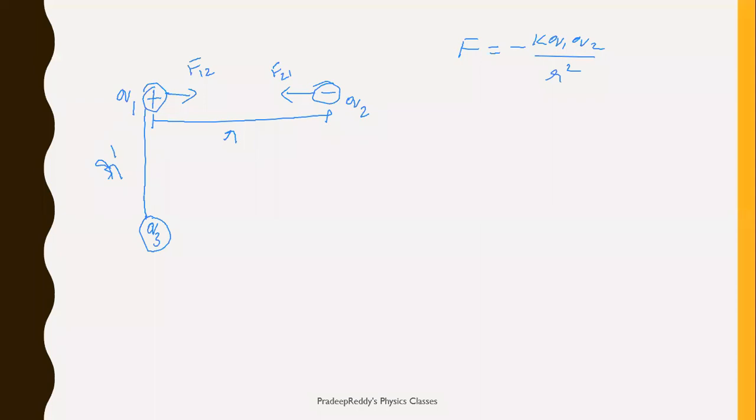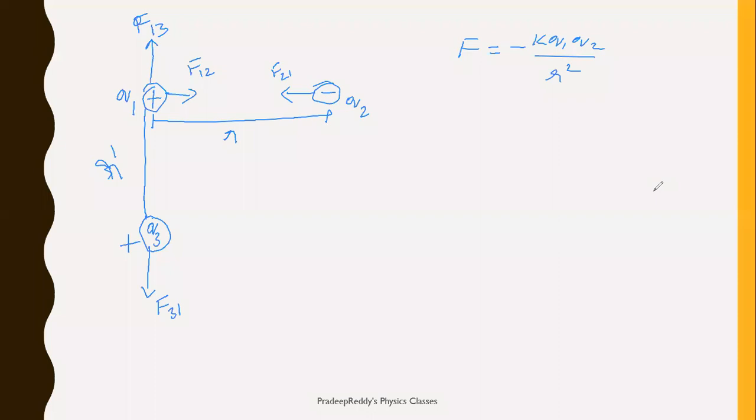So in between this Q1 and Q3, if suppose this is a positive charge, there will be a repulsive force acting between the two charges. Q3 will push Q1 in the outward direction, that I denote as F13, and Q3 is pushed outward by Q1, I name it as F31.